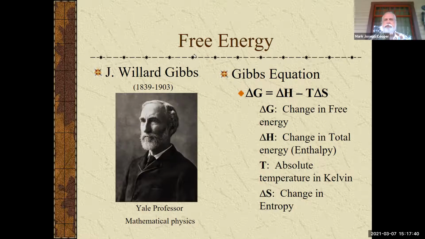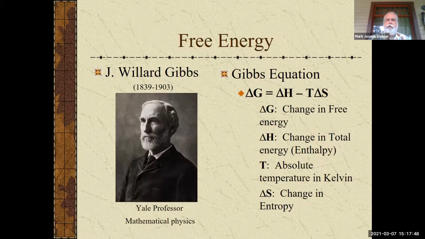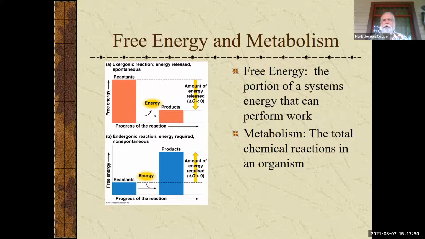What we'll do is we'll go through and look at some different types of equations. What I do want you to know: free energy and metabolism. Free energy, again, is the portion of a system's energy that can perform work. And then metabolism, which I mentioned in the last one, is the total chemical reactions in an organism.